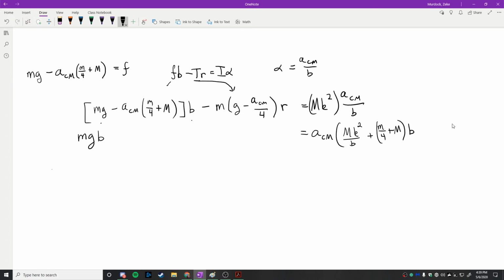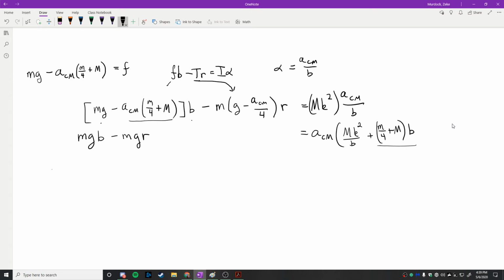So what I'm doing now with our equation is to say that if I take mg and I multiply by b, I'm getting another term that's going to be this ACM times m over 4 times m times b, but it's going to have a negative sign, and I'm adding it to the right-hand side right here. That's that term right there. Then I've got to get another term here that's little mg times r, so minus little mg times r. Right? And then I have a term that's going to be, well, this is a negative here.